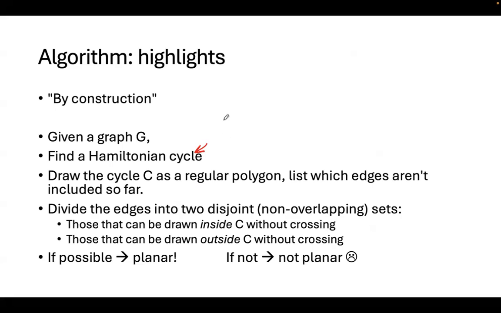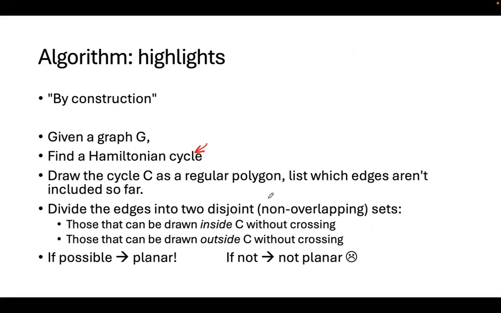But we can do our best guess. If we're given some graph, first we find this Hamiltonian cycle, and then we draw just that cycle by itself and have a list of edges off to the side of everything else that's not in that cycle.